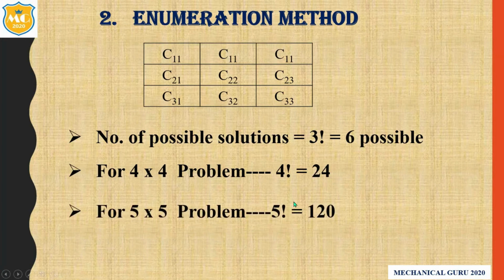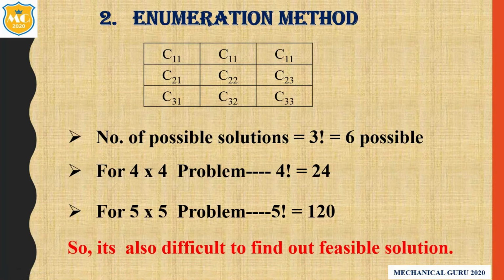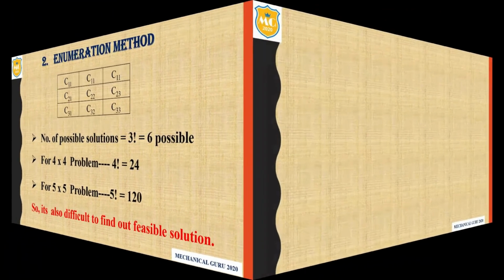Similarly, 5 by 5, 120. If you go to a 6 by 6 matrix, then the possible solutions are 720. So again, it's difficult to find the feasible solution in the enumeration method. Now we will go to the third method, that is the transportation method.